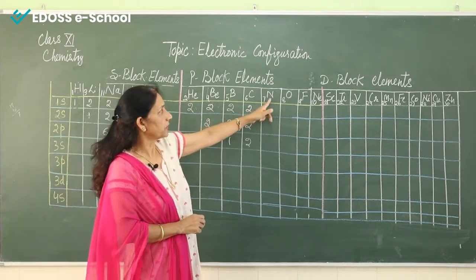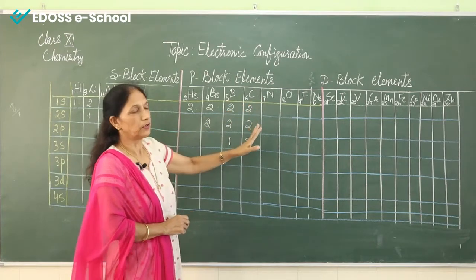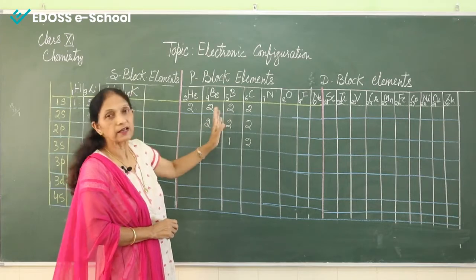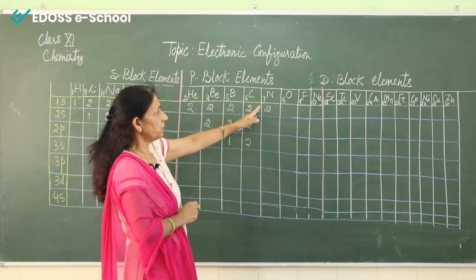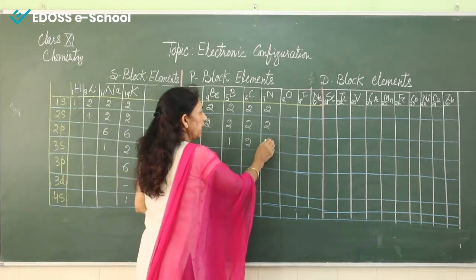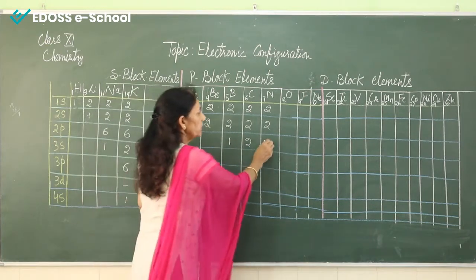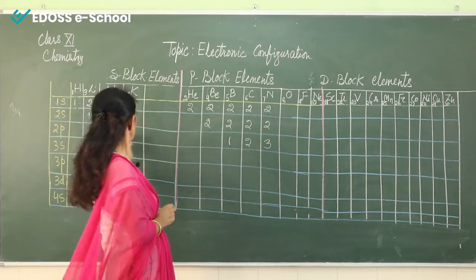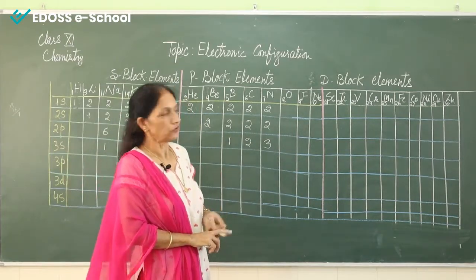Now nitrogen has atomic number 7. Just like carbon, without any doubt we can write 1s2, 2s2 and 2p3, because the capacity of p is 6 electrons.